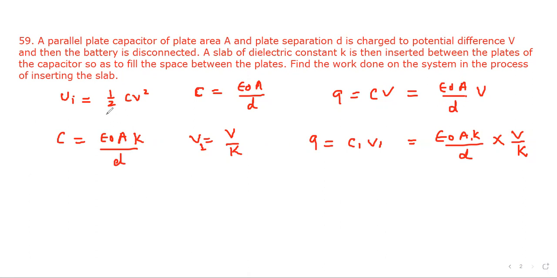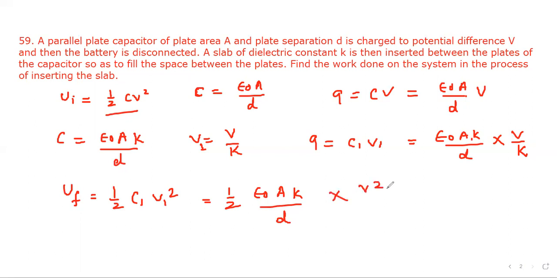So let's see what the final energy and the initial energy are. The initial energy we have already found as half CV square, and the final energy Uf will be equal to half C1 V1 square. So 1 by 2, C1 is epsilon naught A K upon D, times voltage V upon K, so V square upon K square.